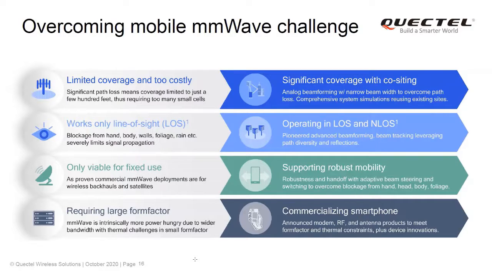Now there are some designs for handheld devices that have adaptive beam steering and could also overcome this blockage, but they require a larger form factor. Some people say this would require large antennas because there are issues related to thermal dissipation.